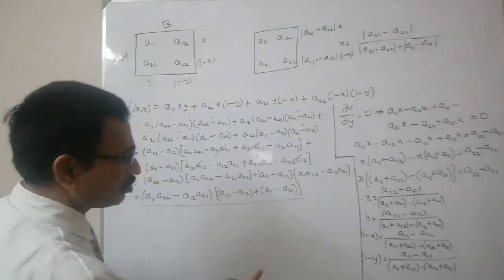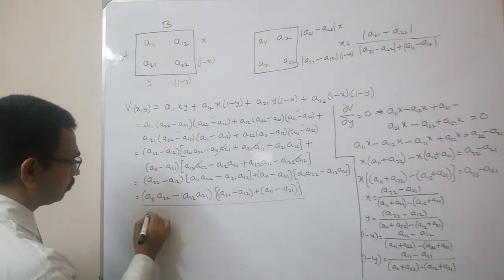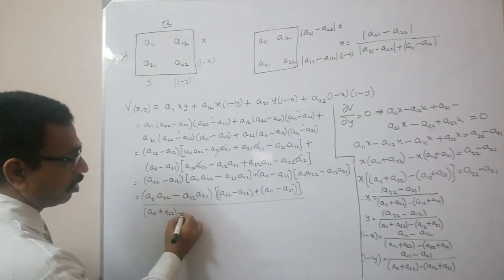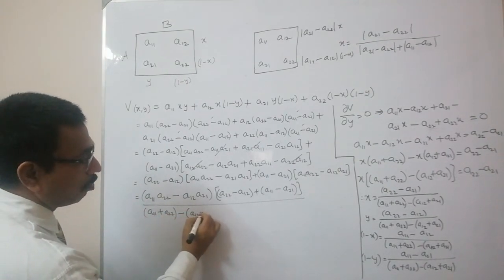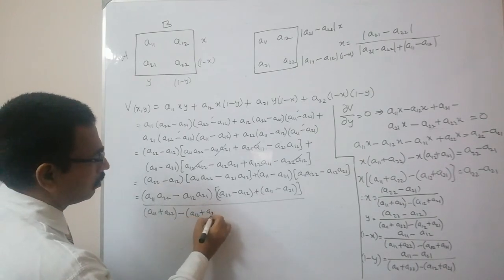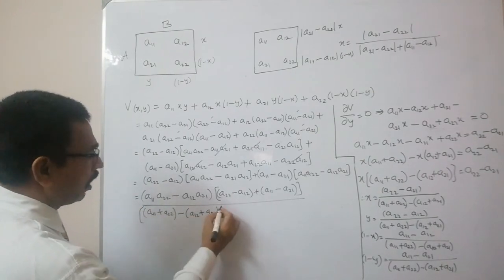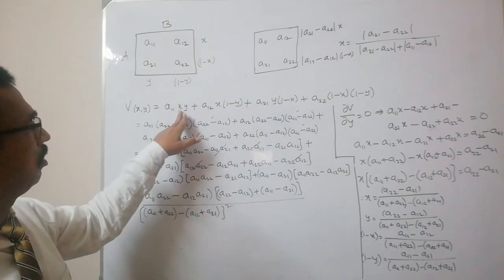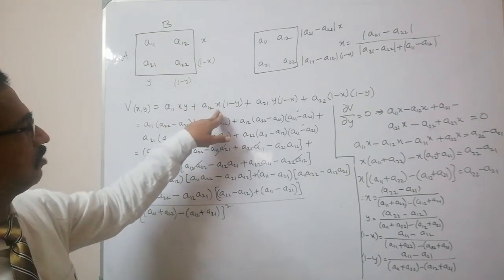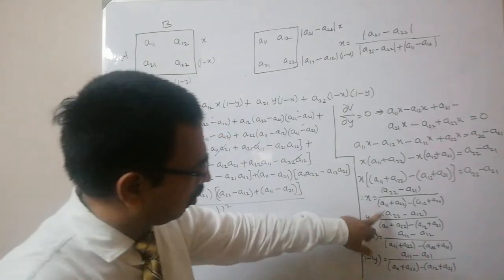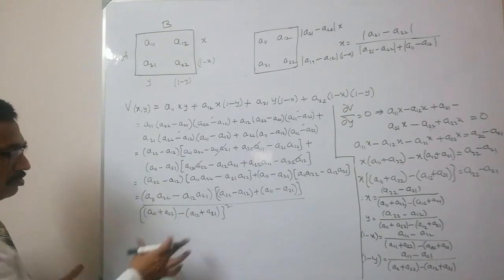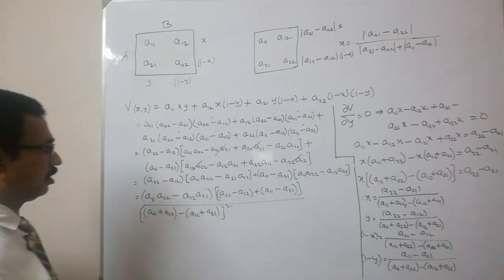The denominator is a11 plus a22 minus a12 plus a21 whole square, because in each term here we got two terms, x into y, x into 1 minus y. So as the denominator is the same for all, we'll get the square of the denominator.